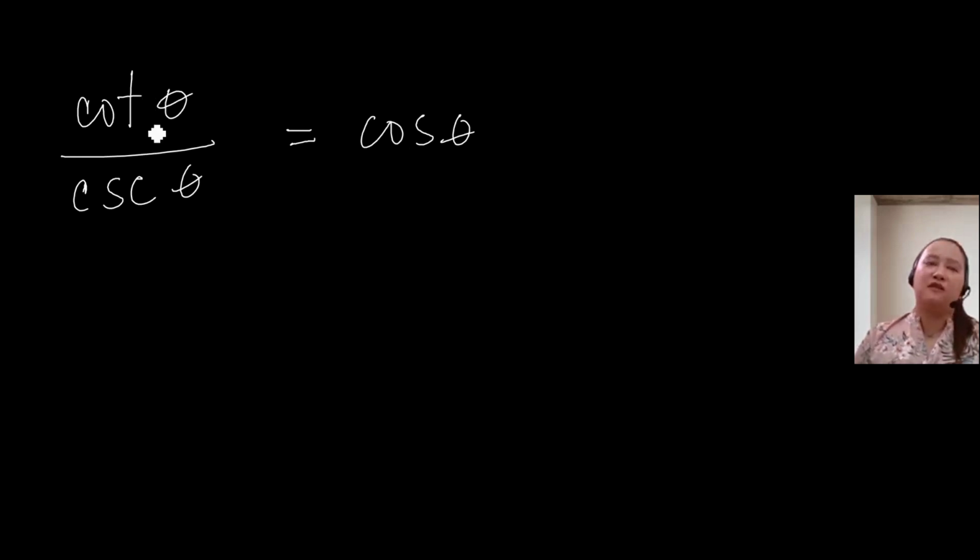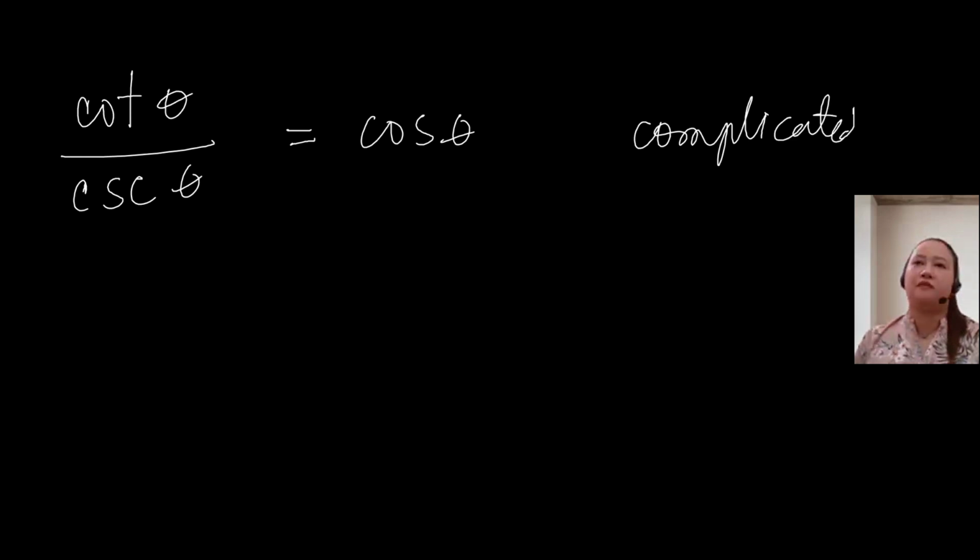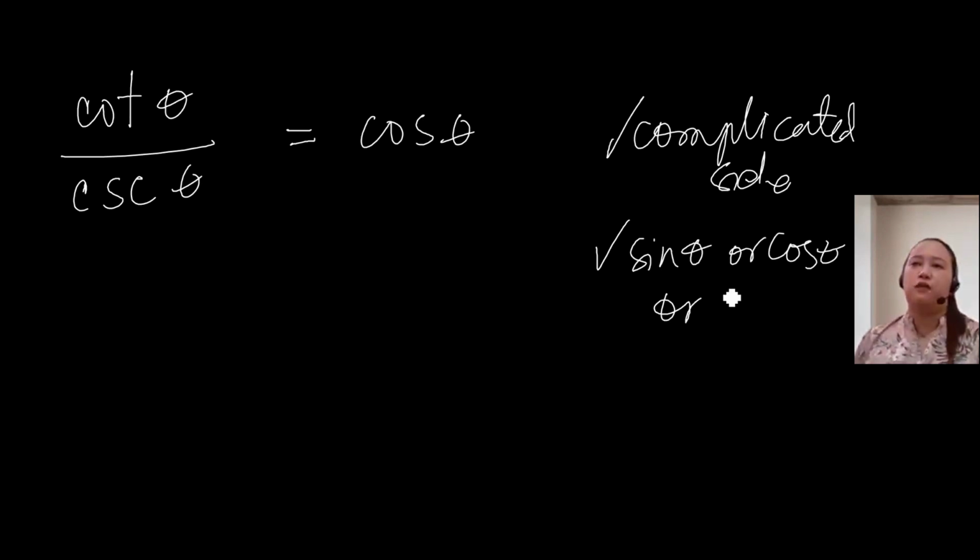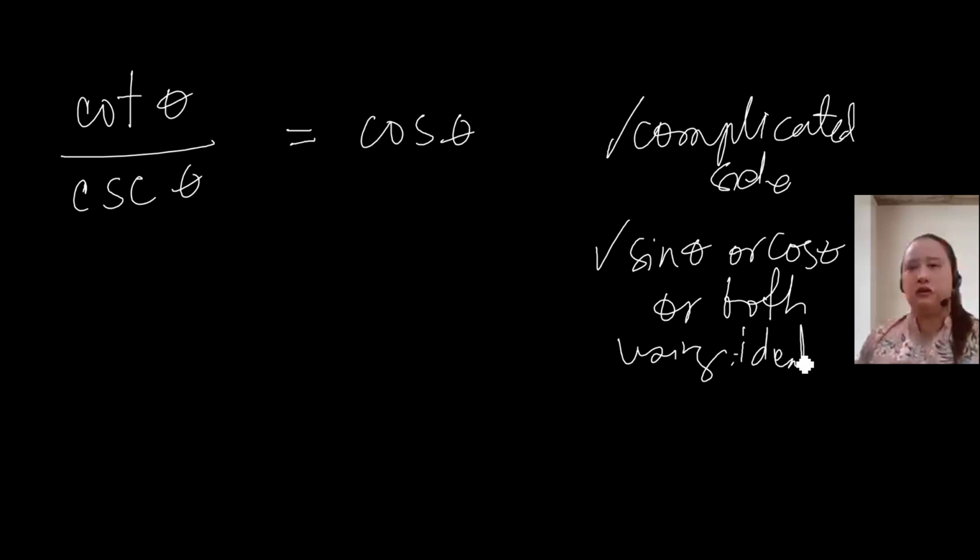So after identifying which is the complicated side, you have to write it in terms of sine theta or cosine theta or both, using identities.